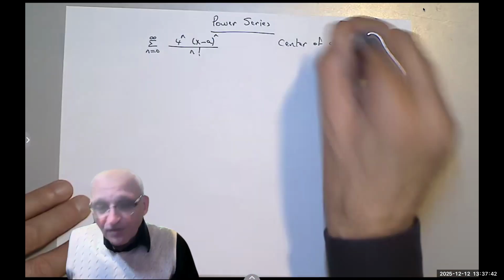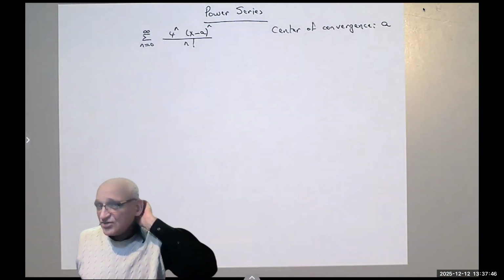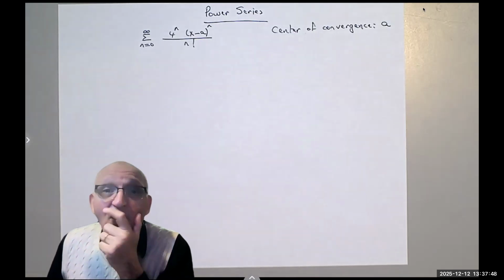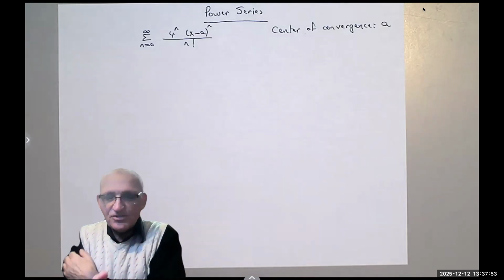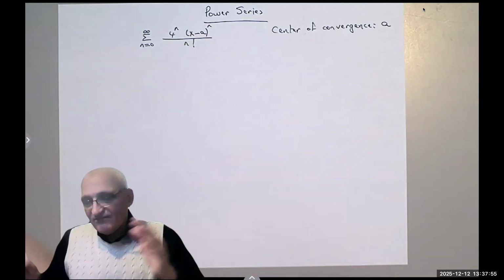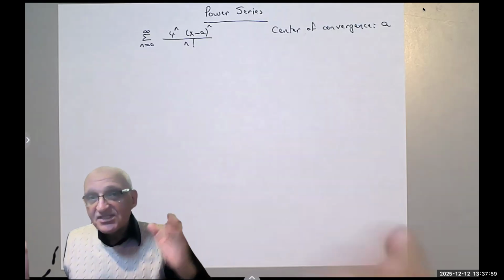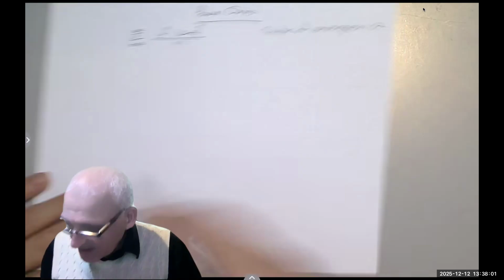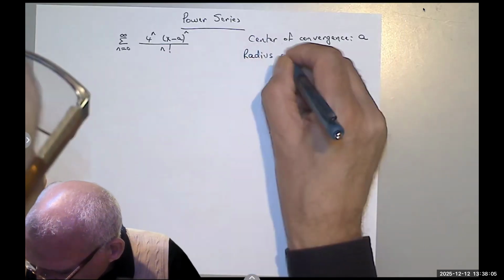But does it only converge at a, or are there other values where it converges? Well, whether we do or we don't, if we have some values between which this series is converging, then we can define the radius of convergence.